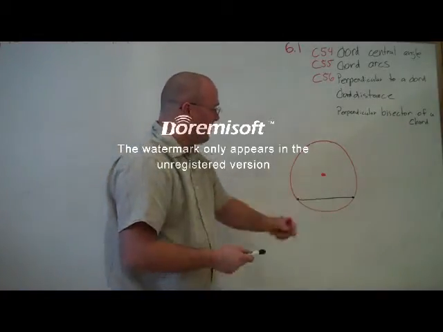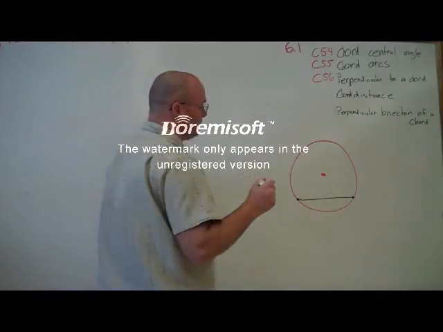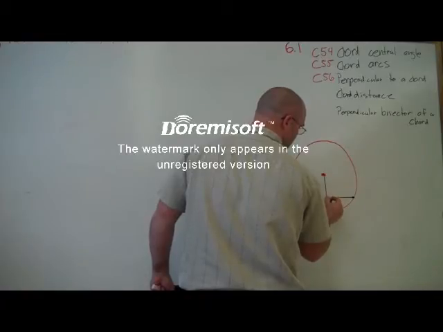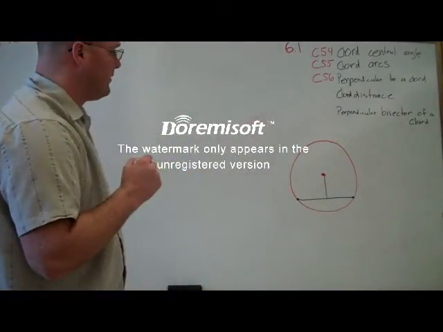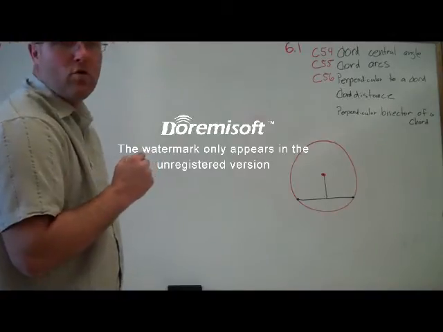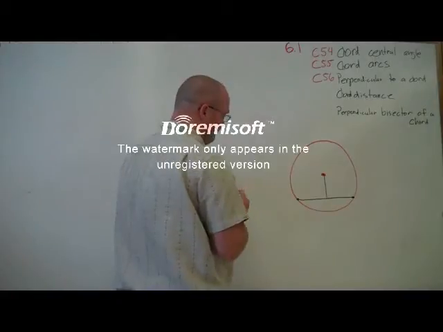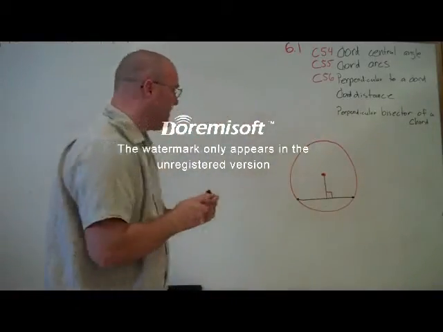Now, if we drew a line from the center of the circle to the center of that chord, this is going to be a 90-degree angle.